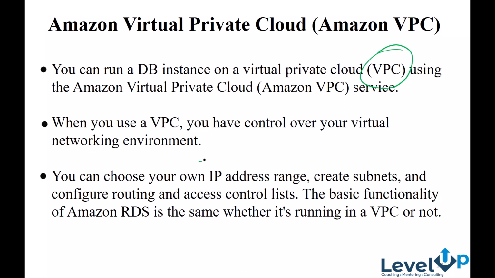I can select the IP address range, I can configure routing, and you'll get all the basic functionalities of a VPC. It is more secure, and we'll have more control over the database.